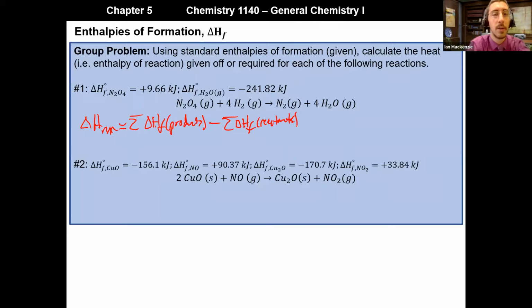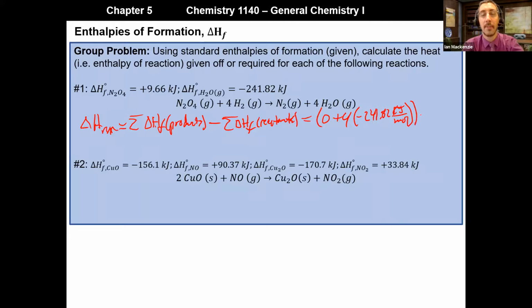So here, on the product side, we're going to have 0 from nitrogen plus 4 moles times negative 241.82 kilojoules, and it should be kilojoules per mole. Sorry for the slight typo.